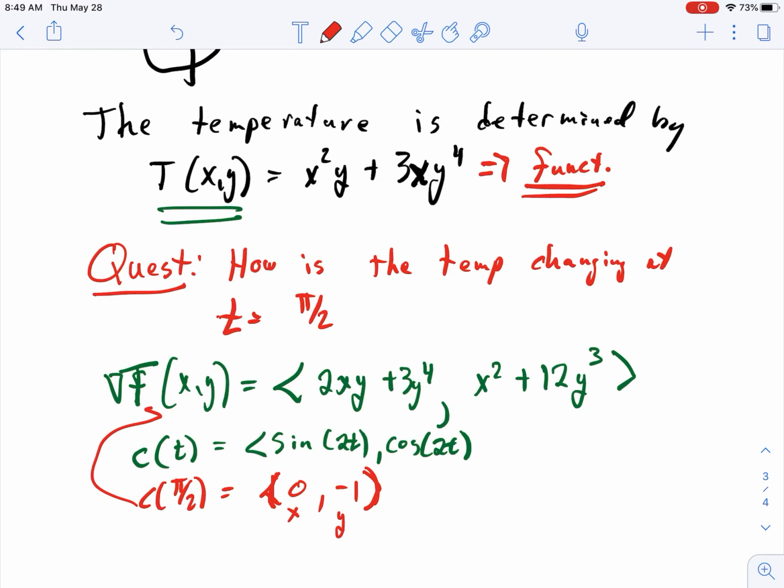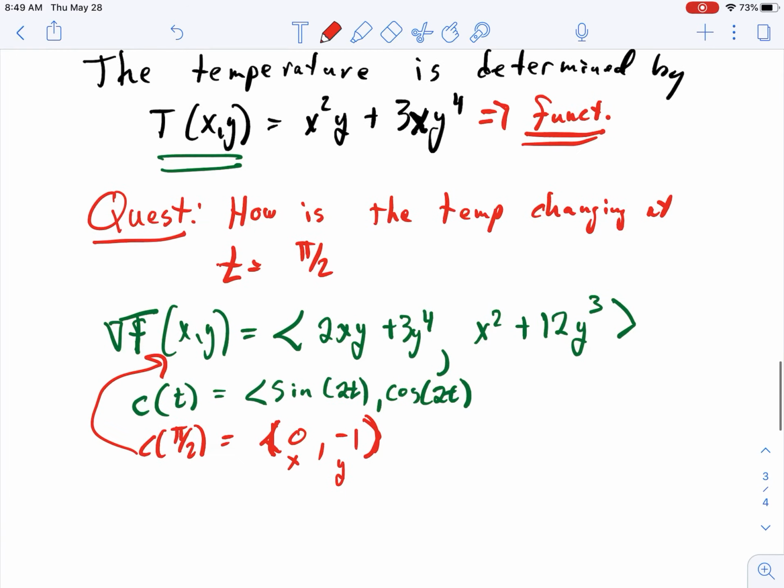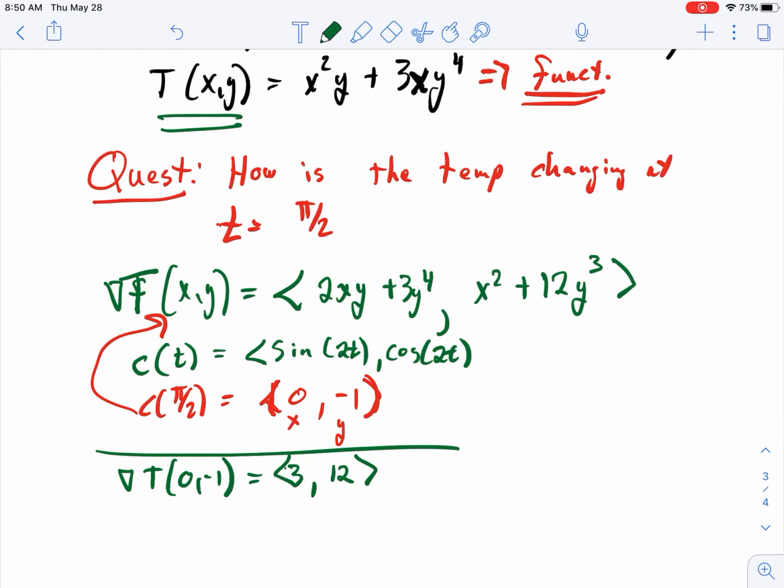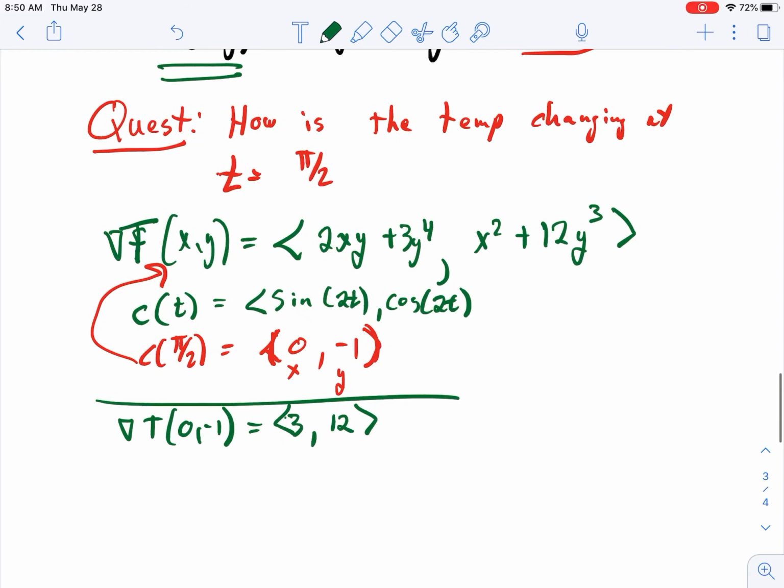Okay, so now that's my x and y. So plug that into here. So gradient of T at (0, -1). Okay, so the first one here would be, looks like 3. And the other one here would be, looks like 12.